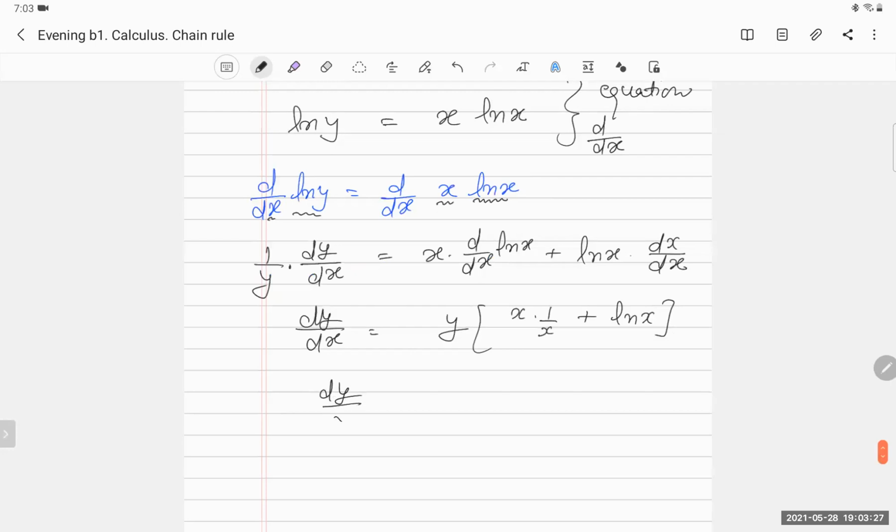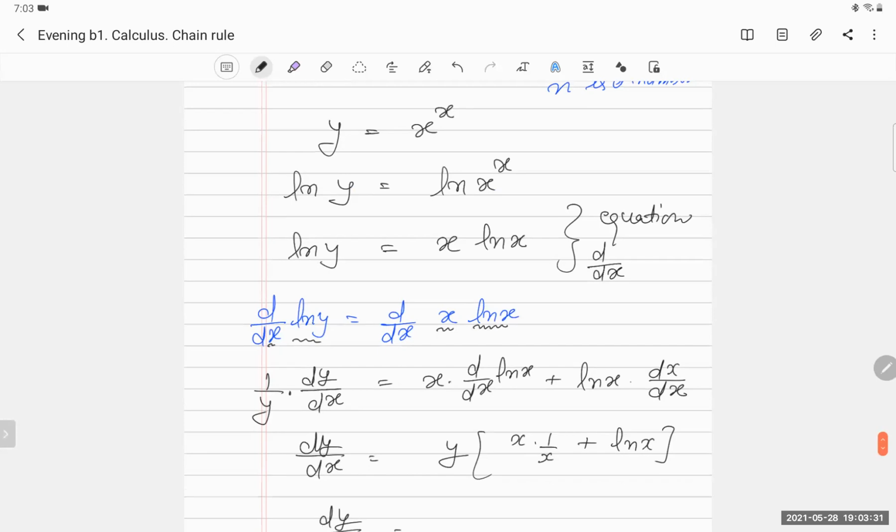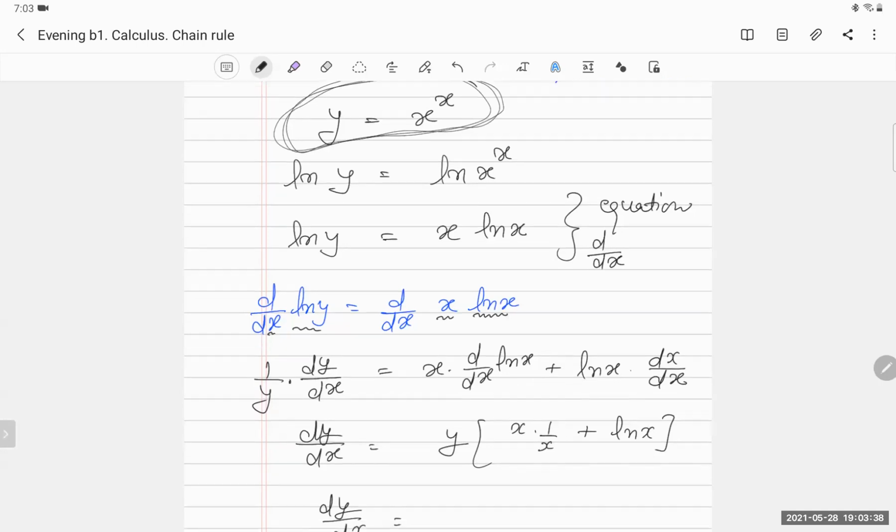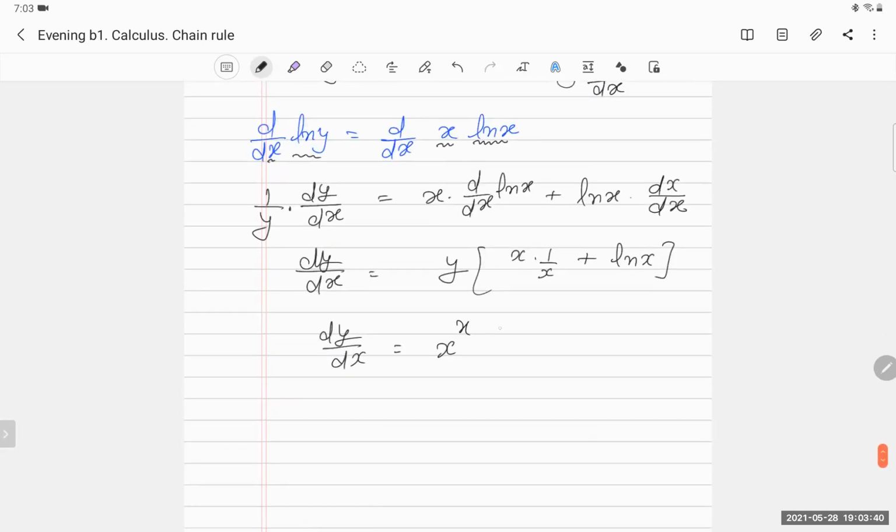So my dy by dx will become y. y क्या है देखो, x raised to x. So x raised to x into 1 plus ln x. Clear?